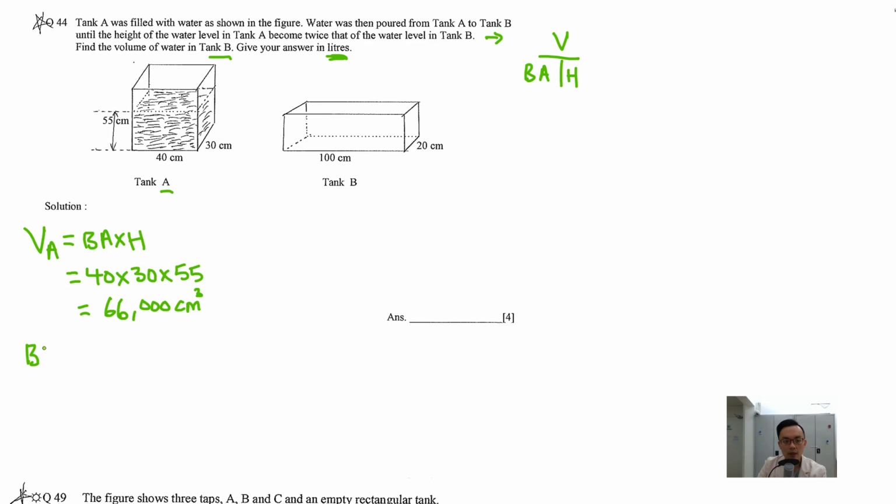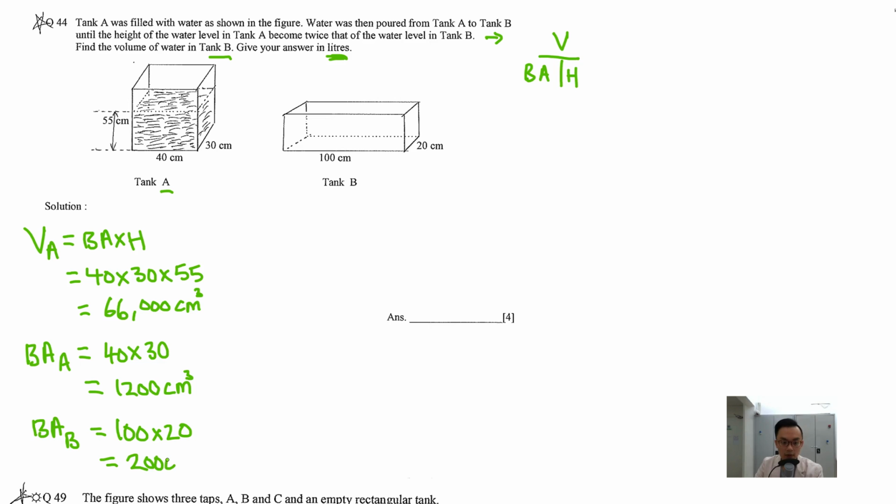So base area of A is equal to 40 times 30, equals 1200 square centimeters. Base area of B is equal to 100 times 20, equals 2000 square centimeters.